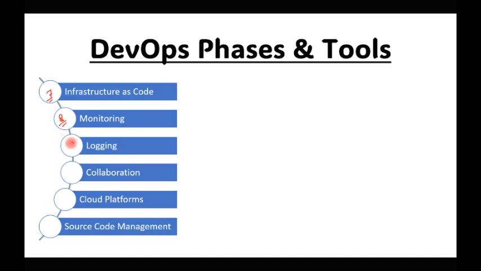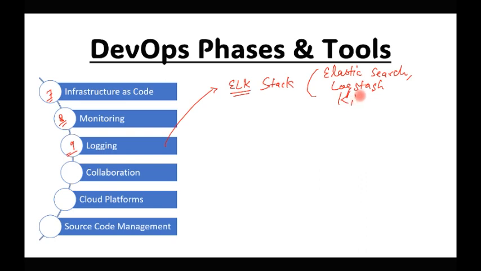Now it's time to talk about the next phase, that is logging. If we talk about logging, the popular tool here is the ELK stack, where E stands for Elasticsearch, L stands for Logstash, K stands for Kibana.